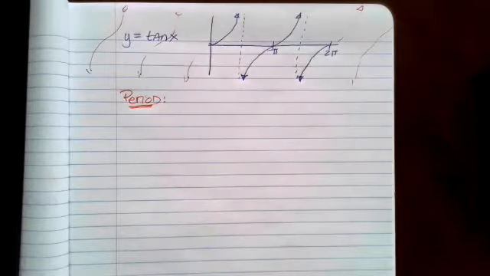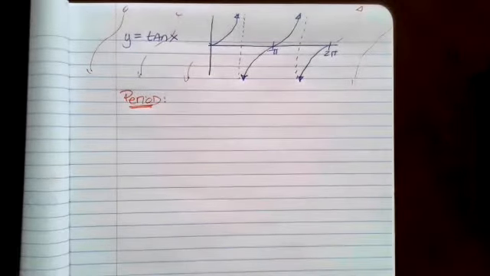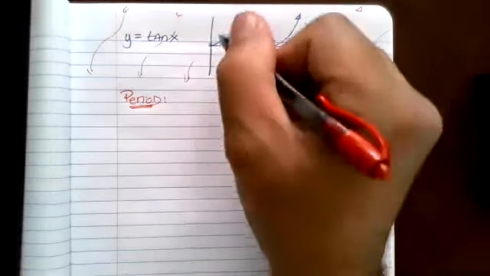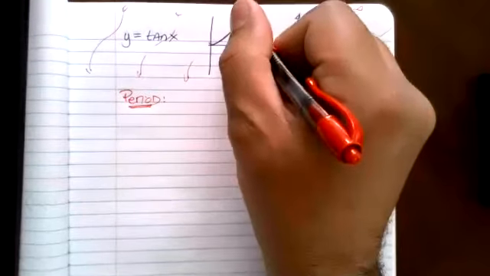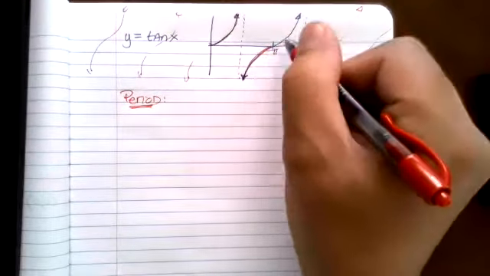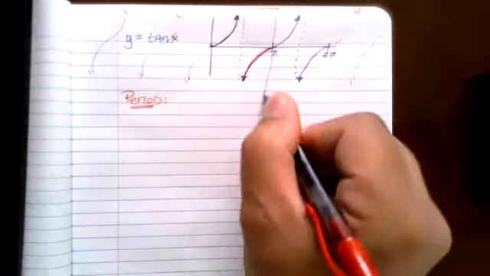The period is the end of a complete cycle before it starts repeating. So when we look here, when does it start repeating? Well, if we say it starts here and goes up, and then it comes from here to here, and then it starts and goes up, well, then this is really one period.